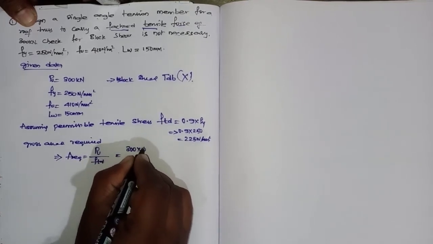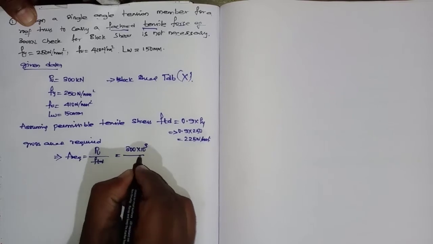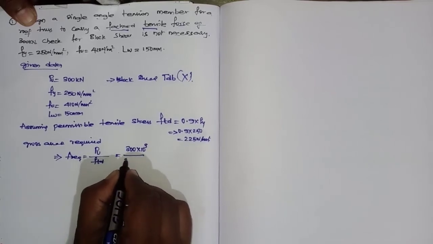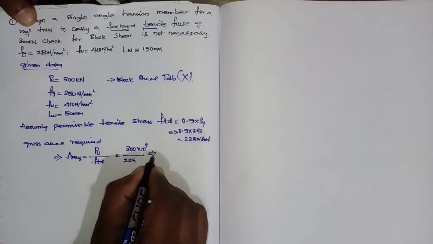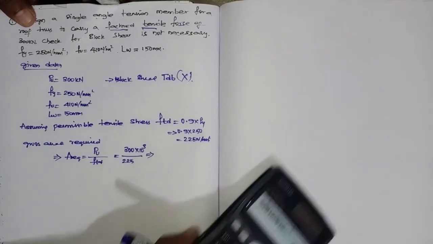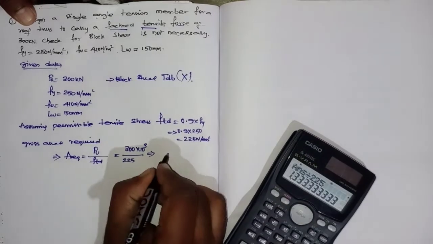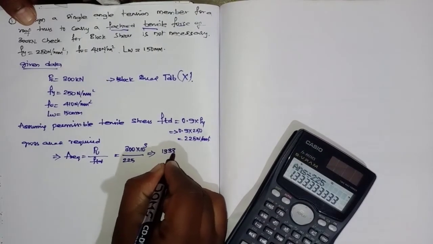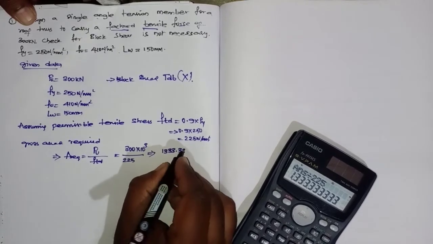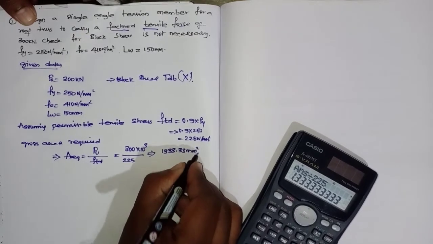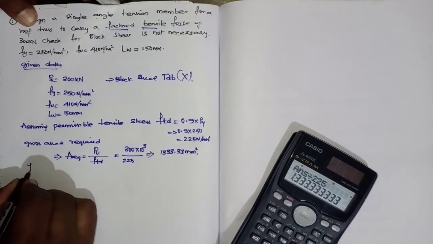If I multiply with 10 power 3, it becomes newtons, divided by 225. Now if I solve this, I am getting 1333.33 mm square.